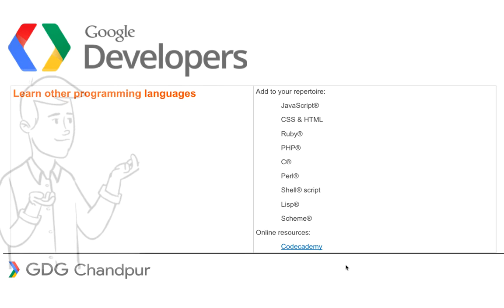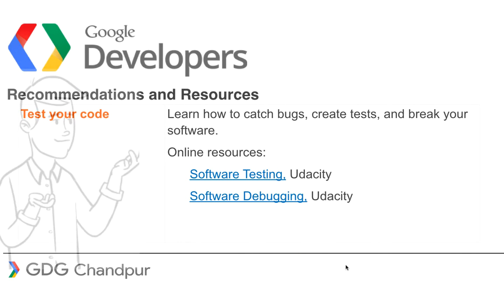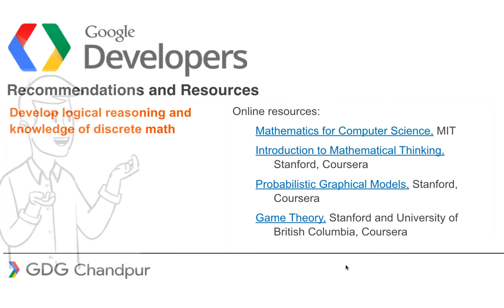Codecademy. Test your code. Learn how to catch bugs, create tests, and break your software. Online resources. Software Testing, Udacity. Software Debugging, Udacity. Develop logical reasoning and knowledge of discrete math.